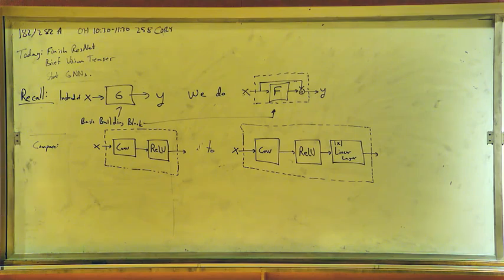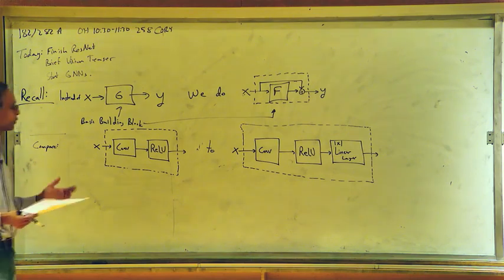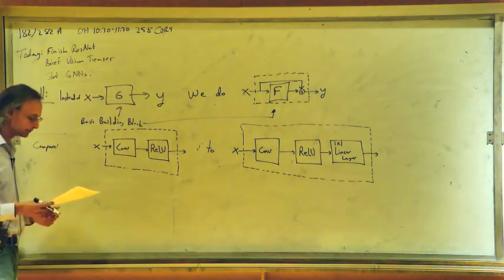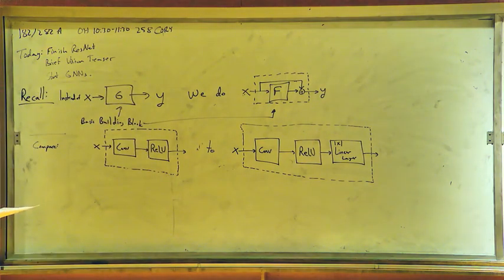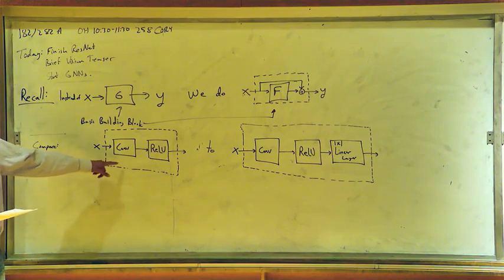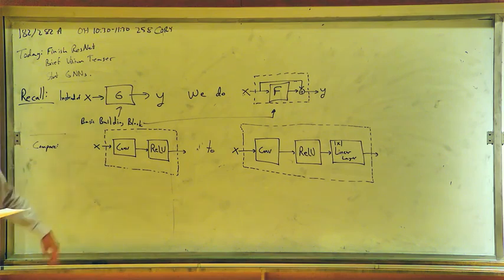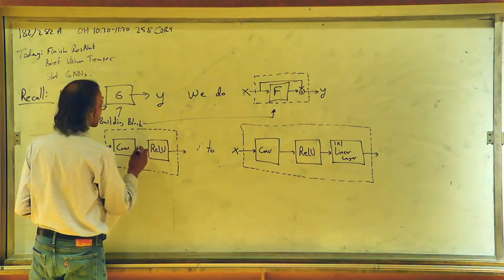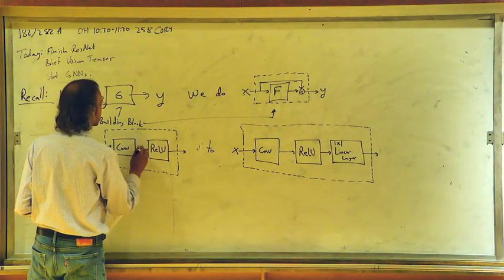Let's try to understand how we're thinking about things a little bit, to understand why you might prefer one over the other. Okay, so if this is the thing that's inside your F, this is the architecture inside the F. To make it explicit, there's also biases that can come in.